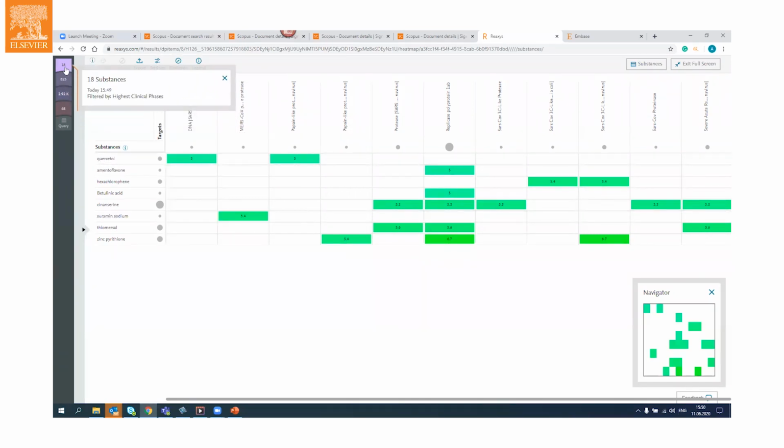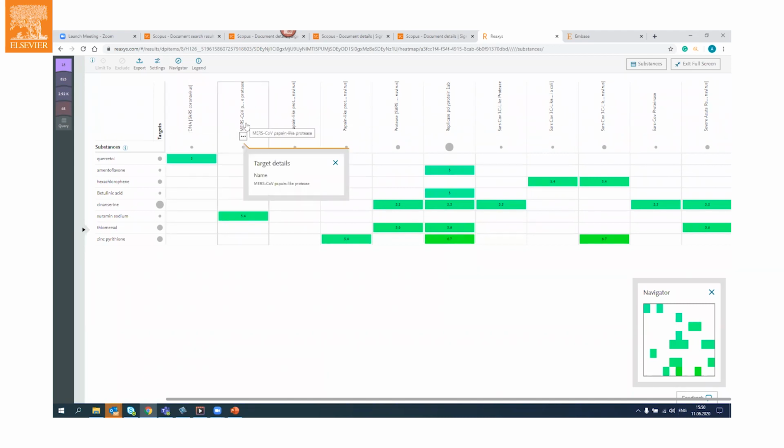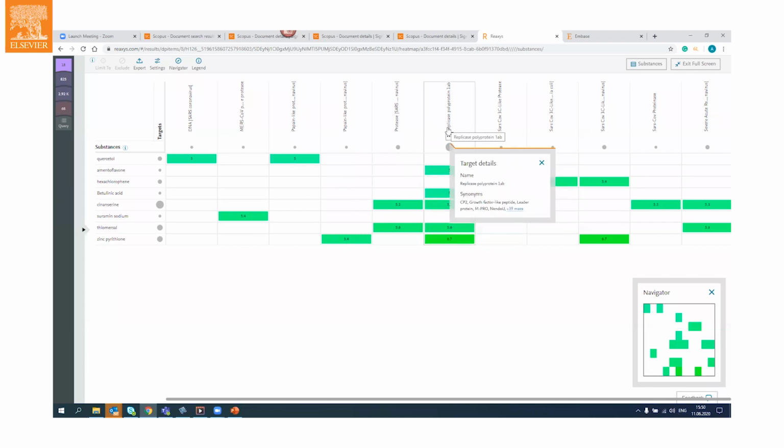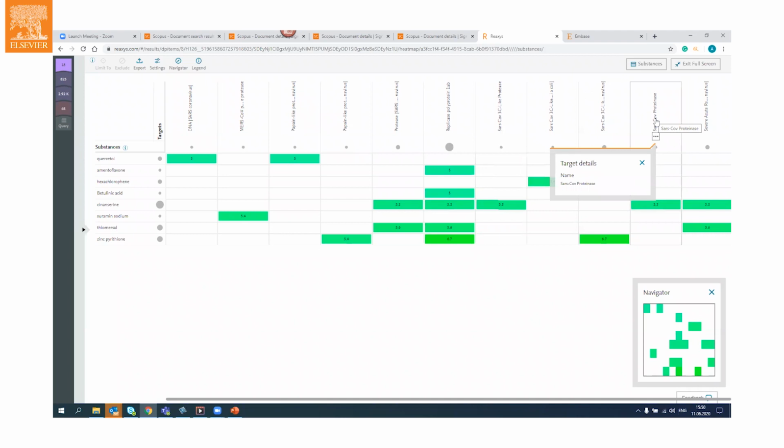As you remember, we filtered it previously. But right now, you see this target, DNA SARS, papain-like protease MERS, papain-like protease SARS, etc. This one, replicase polyprotein 1AB, and other well-known targets.